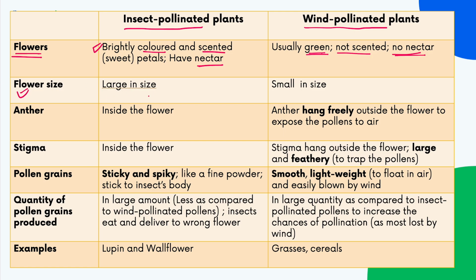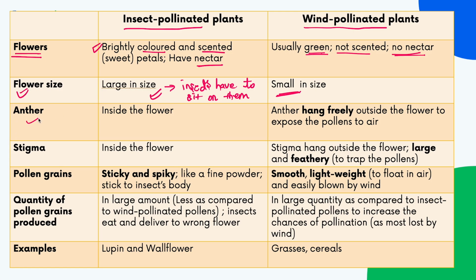Next is the size of flowers. Insect-pollinated plants are basically large in size because insects have to sit on them, while the wind-pollinated flowers are small in size. Next is anther.